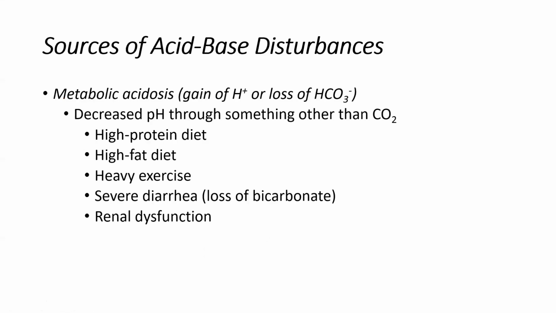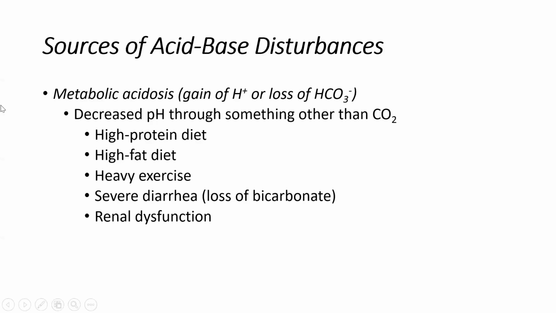Let's speak about the metabolic disturbances, okay? So earlier I talked about the fact that if it's being created in the lungs, we call it a respiratory imbalance or a disturbance. If it is being created anywhere outside of the lungs, so in your diet, if you're doing lots of exercise and generating lots of lactic acid, any cause of a disturbance that is not created through the lungs, we're going to call it a metabolic disturbance.